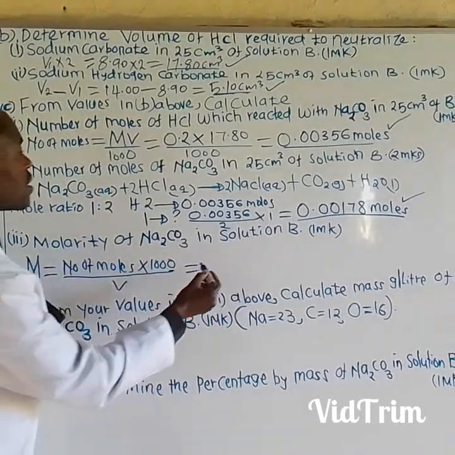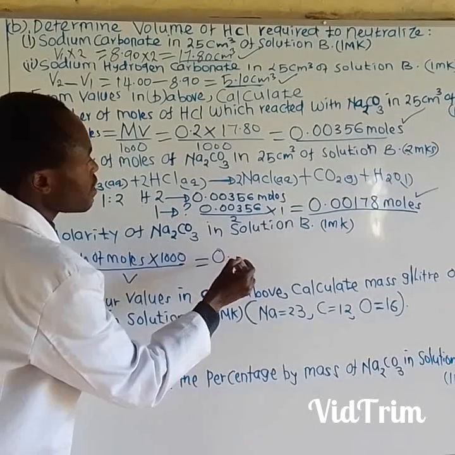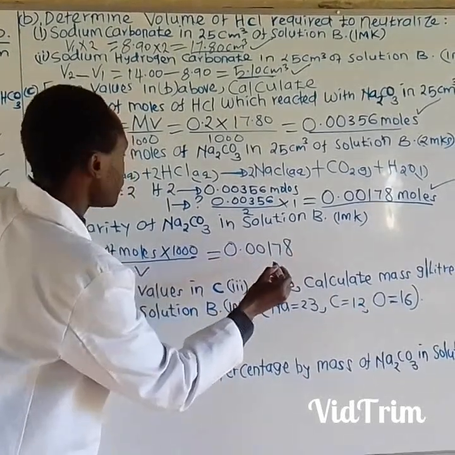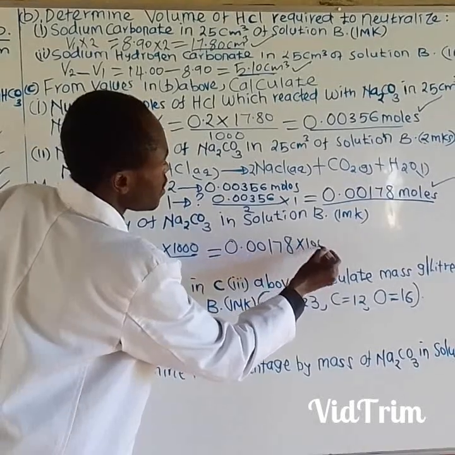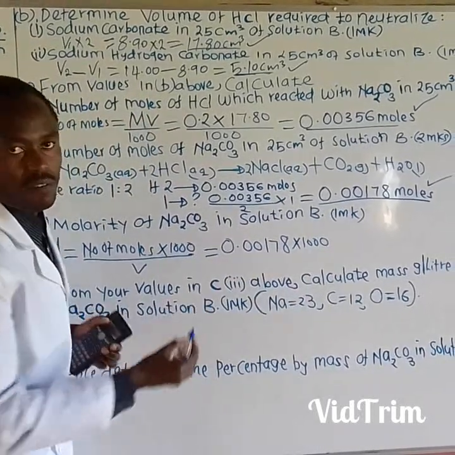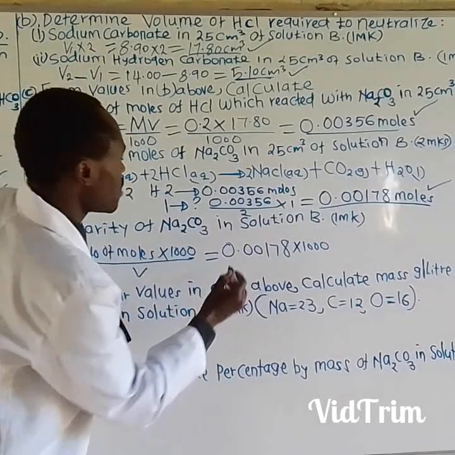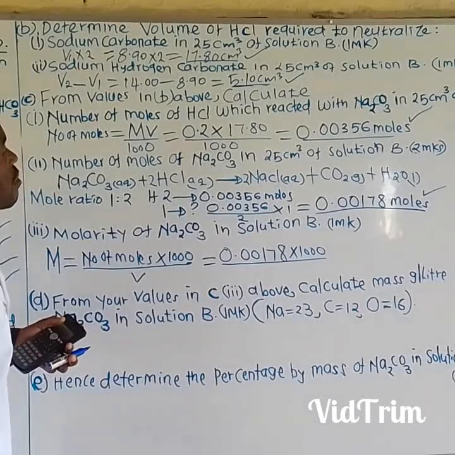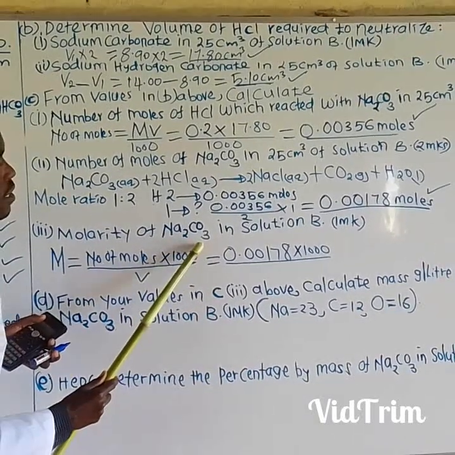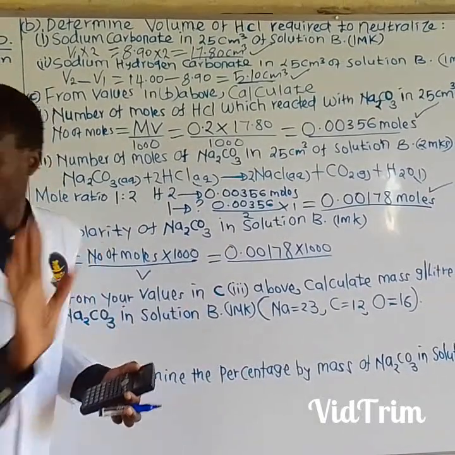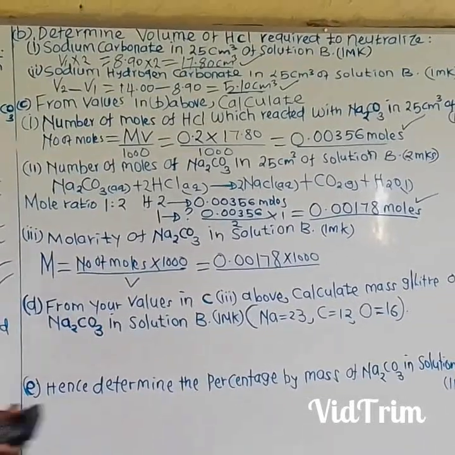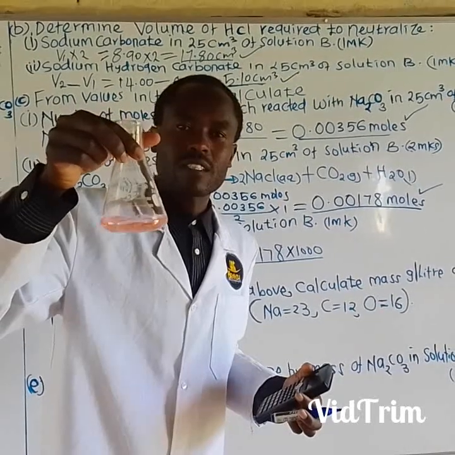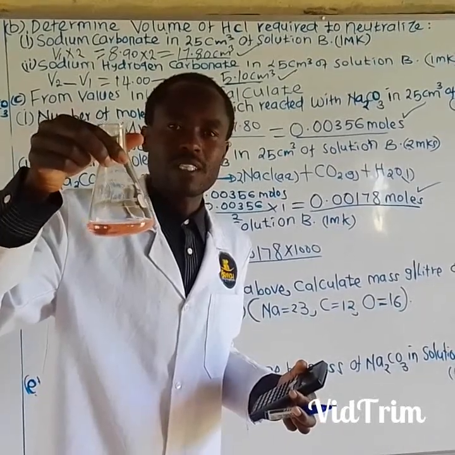So I just substitute the information. The moles are 0.00178. 1000 is a constant, which is the volume in 1 liter of solution, isn't it? Then I divide by the volume. The volume of sodium carbonate which I pipetted, just wait, I show you, I pipetted 25 mL. So that's the volume of sodium carbonate solution B. Is it okay?